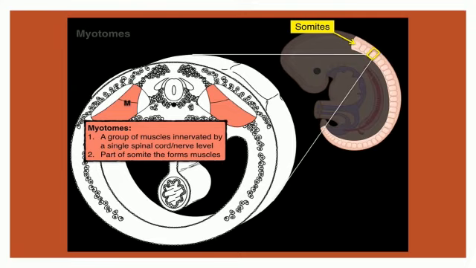Myotomes are what will give rise to skeletal muscles. Myotomes migrate out at every segmental level. Myotomes are a group of muscles innervated by a single spinal cord nerve level, but also, myotomes are a part of the somite that forms muscles.